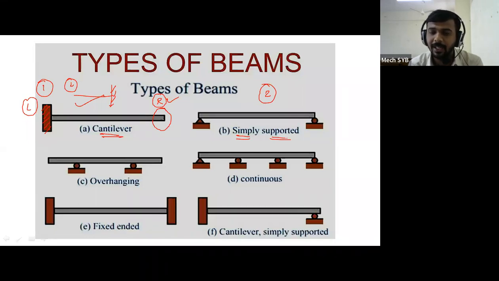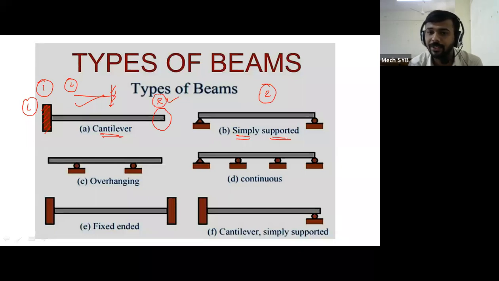What is the definition? The beam which is just resting on its supports, or which is supported at two ends only. There are two definitions. The beam which is just resting on its support is called a simply supported beam.